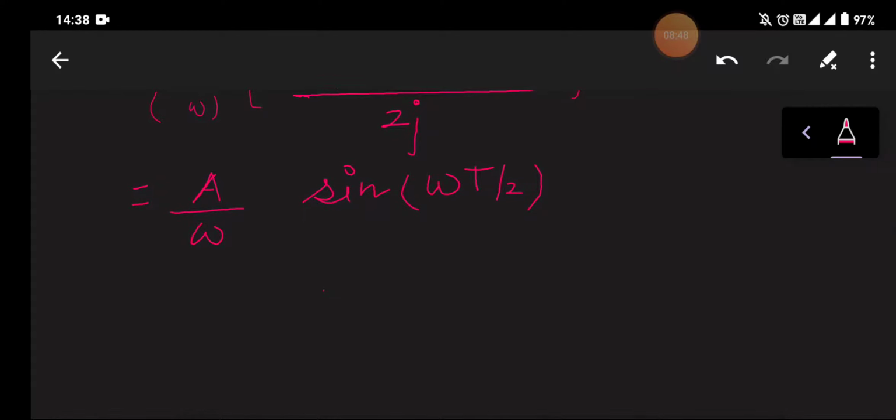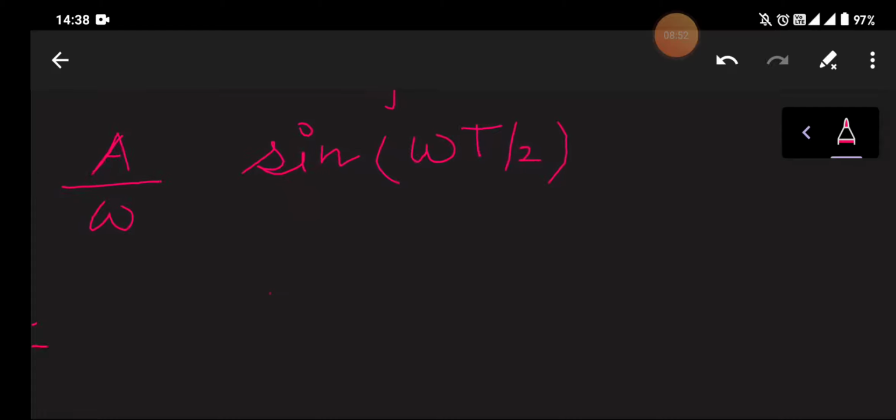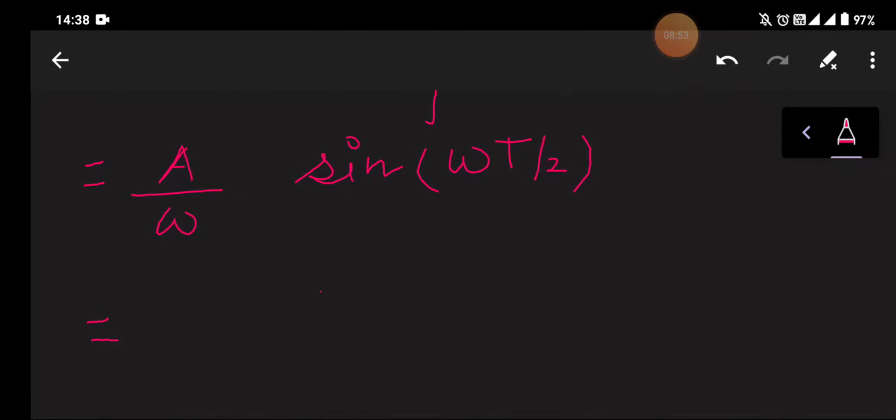After this step we can further simplify it by multiplying with omega T by 2. I am actually converting it to its original representable form used everywhere.